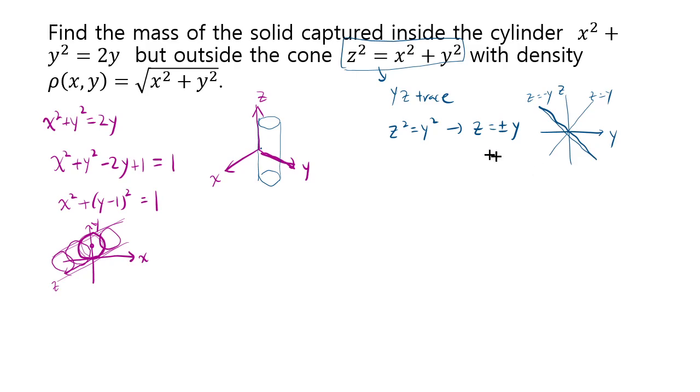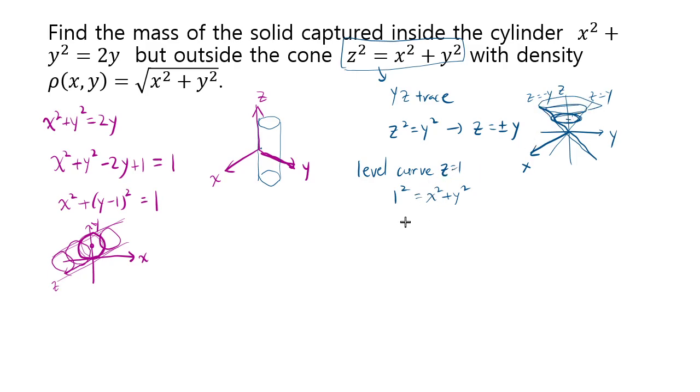Now, instead of taking the xy trace, let's take the level curve z equals 1. If z is 1, you get 1 squared equals x squared plus y squared. That's a circle of radius 1. So at z equals 1, you get this circle. The higher up you go, if z is bigger, then you get a bigger circle.